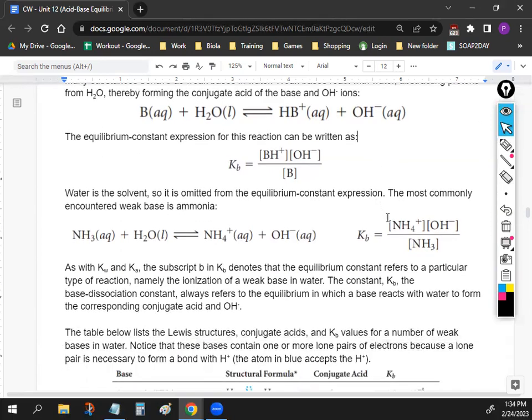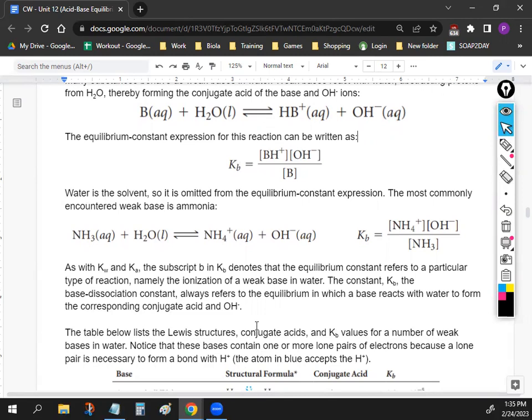There's going to be an equilibrium constant for the dissociation of bases. Ka is for acids, so it's going to be Kb for bases. And it's going to be like this. Making sense? Literally the same thing, just with bases.